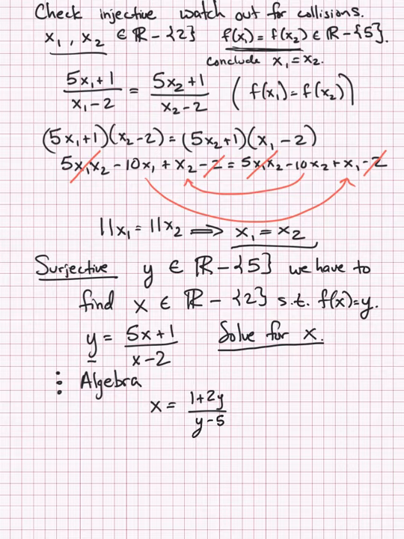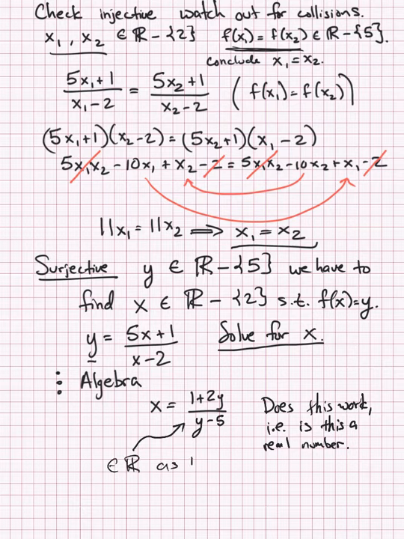And so now what do you have to say? Well, does this work? I.e., is this a real number? And the answer is, if y is a real number, this is a real number as long as y is not equal to 5.